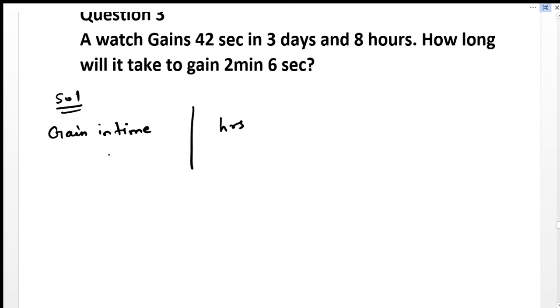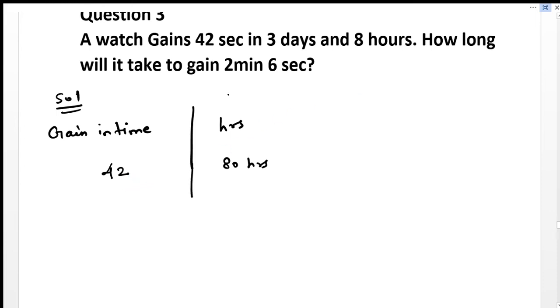See, in 3 days and 8 hours: 3 days means 24 hours per day, therefore 24 into 3 plus 8. Automatically 72 plus 8 is nothing but 80 hours. In 80 hours it gains 42.